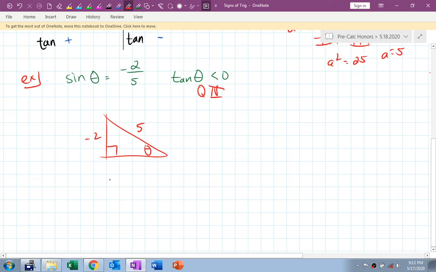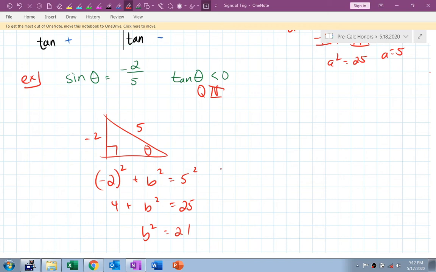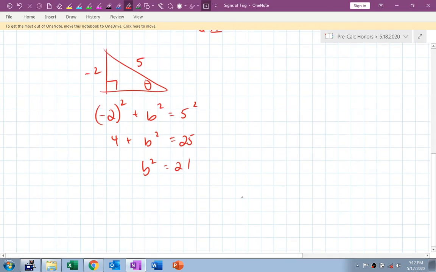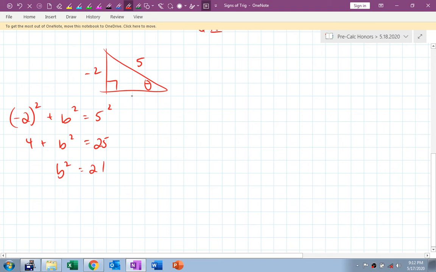So negative 2 squared plus b squared equals 5 squared. So we get 4 plus b squared equals 25. B squared equals 21. So that missing side is root 21.